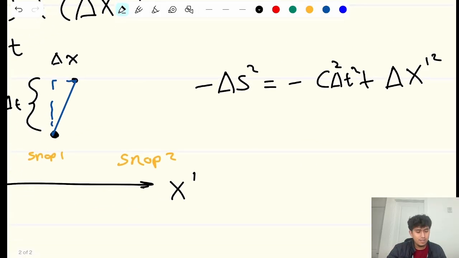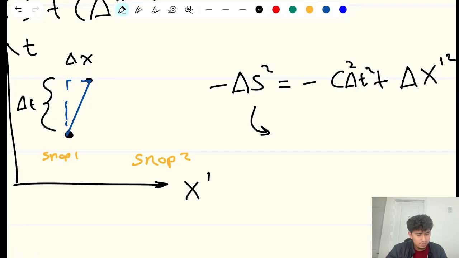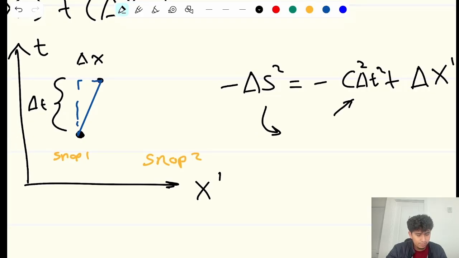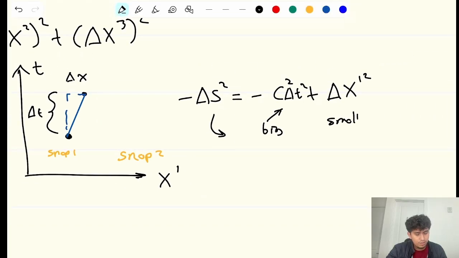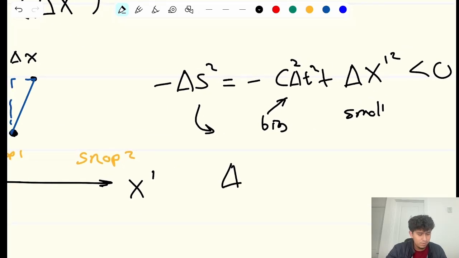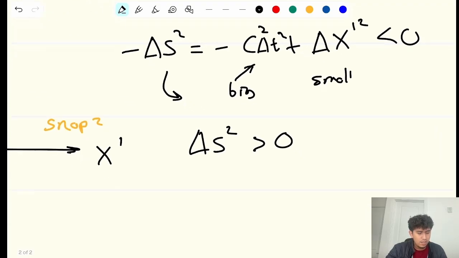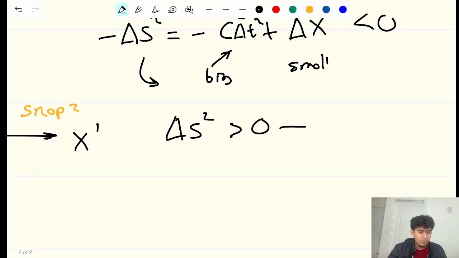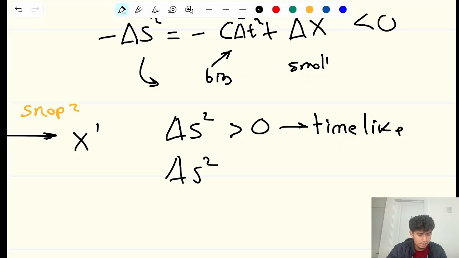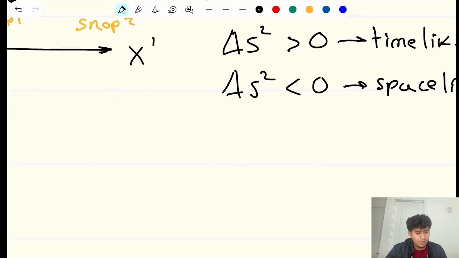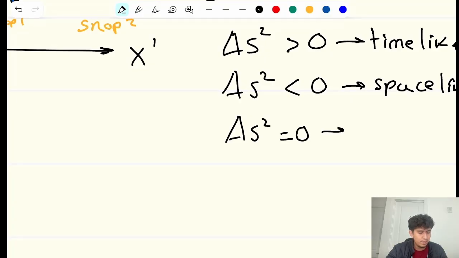That's going to tell you that this is going to be big, and this is going to be small. Therefore, this side is going to be negative, and then this thing is going to be positive. Just take the minus sign. So whenever this interval is positive, we say time-like, and similarly whenever this is less than 0, it's going to be space-like, and whenever it's equal to 0, it's light-like.